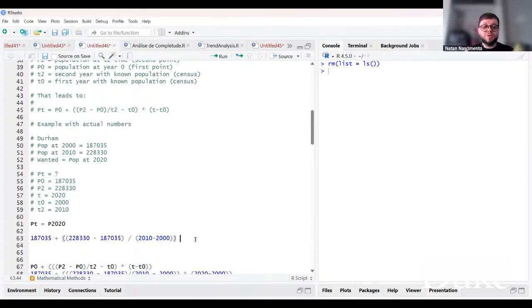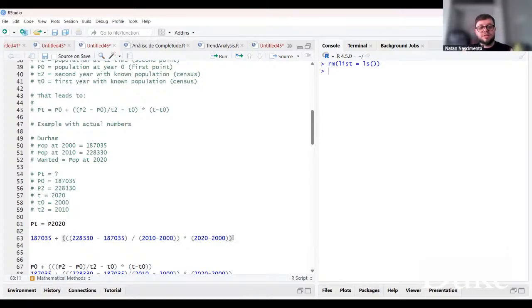And this will be multiplied by 2020 minus 2000. This is to calibrate and give us the actual difference in time, because here we're differentiating in a 10-year period, but we want a 20-year period based on 2000.